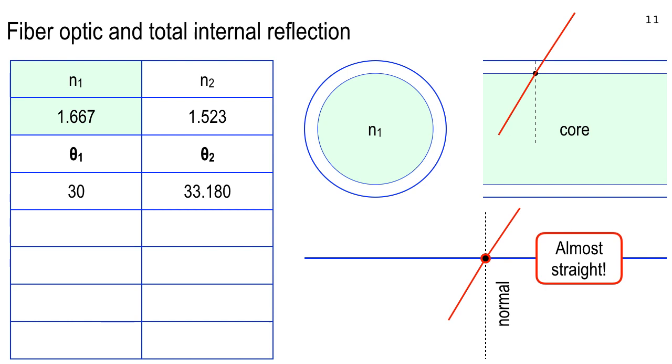So if we increase, as I said before, if we increase theta 1, there's going to be a bigger and bigger bend. Write that down. If you increase theta 1, you're going to get a bigger and bigger bend. I mean, that's what refraction does.